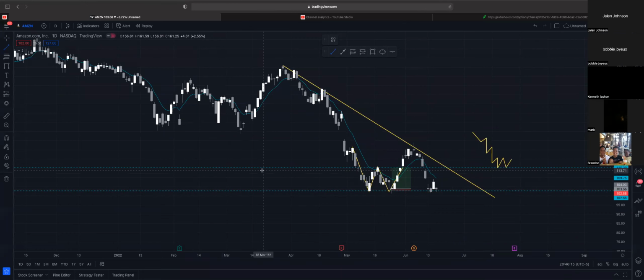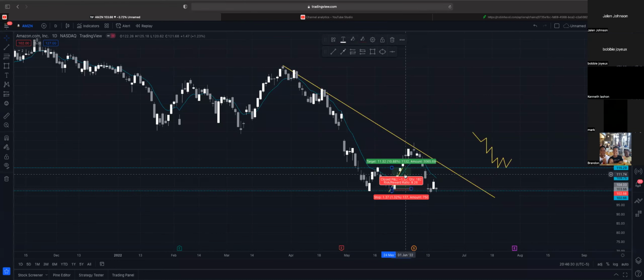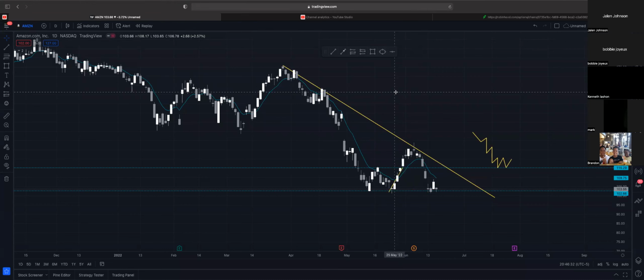So that's why we're just waiting for it to test. You do have two trading opportunities here, right? If the market decides to be bullish tomorrow, I ain't gonna lie, I don't know what the market is about to do tomorrow. So don't ask me, I have no clue.